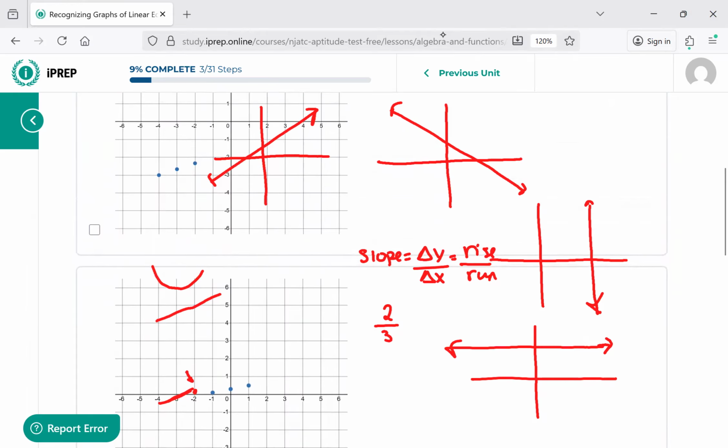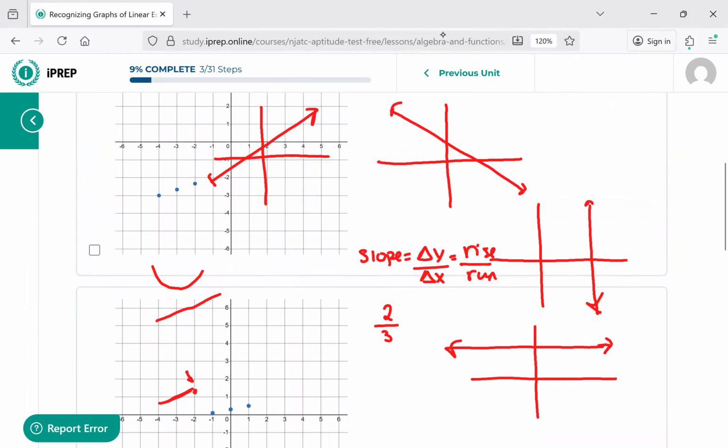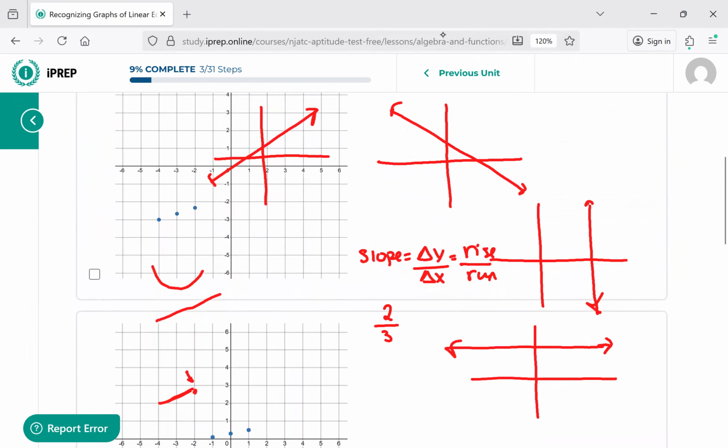Also, in a linear function, I believe you can't have the same x repeat. What I mean is, if you plot this point right here, this is -4, comma -3.